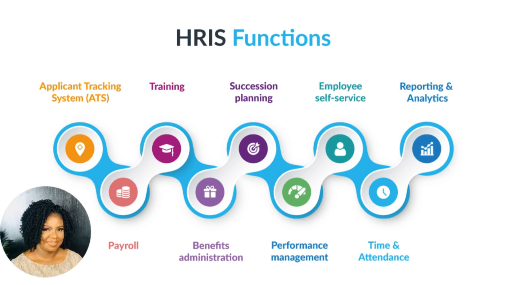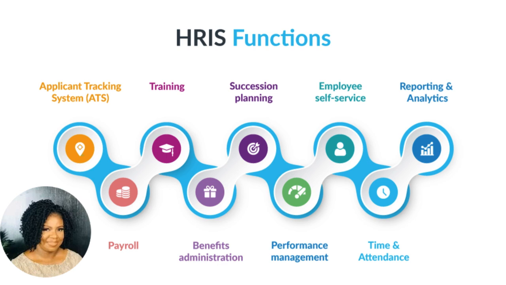We talked about HR strategy in the benefits. So the succession planning function, the performance management function, and the reporting analytics function help the organization and the HR officers to plan, okay, with the way this person is behaving, with this performance, I'm not sure this person is going to last in the system. I'm not sure the organization is going to keep this person for long. So you can start planning.